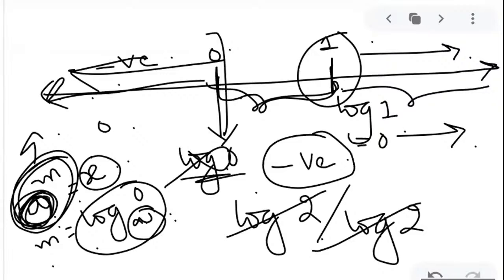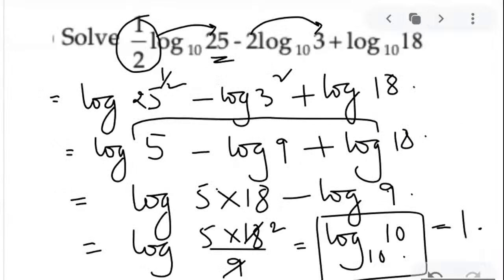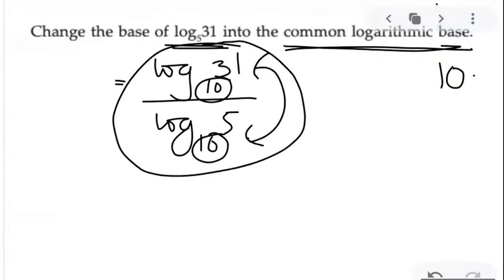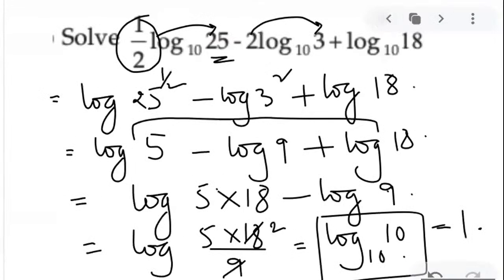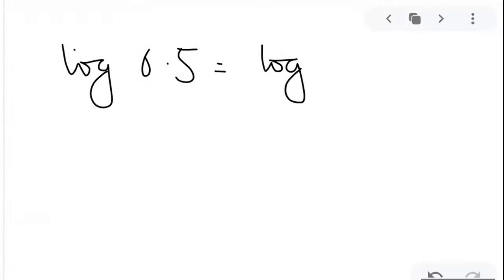All right. Yes, ma'am. Cool. Earlier also we saw, right? What was log 0.5? Where did we solve that? I think I erased it. Was log 0.5 negative or positive? Log 1 by 2.